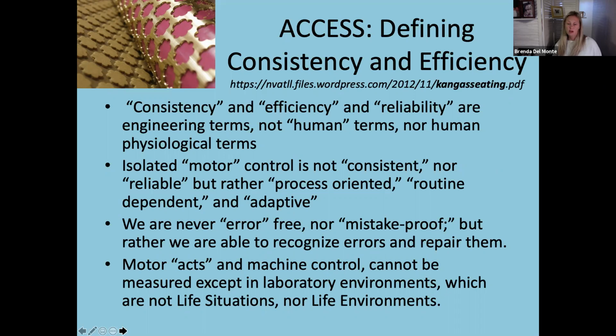So we're never error-free. We're never mistake-proof. But we are able to recognize our motor errors and make the adjustments, not necessarily requiring linguistic instruction.